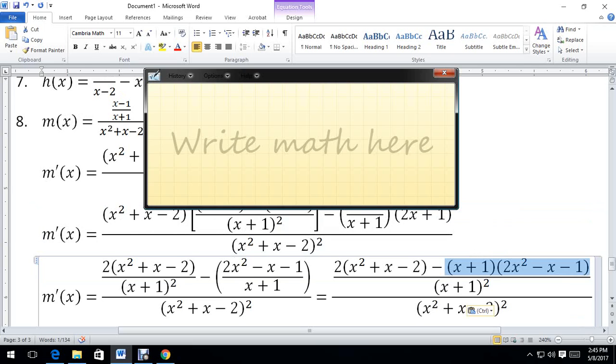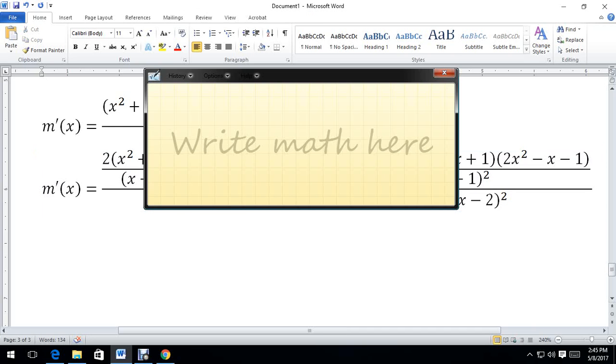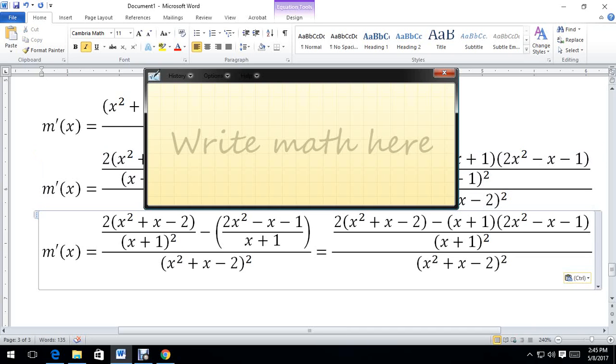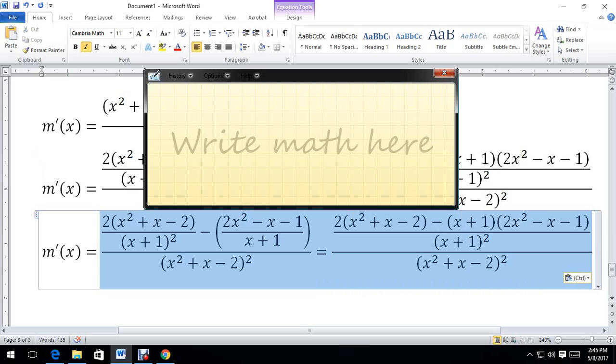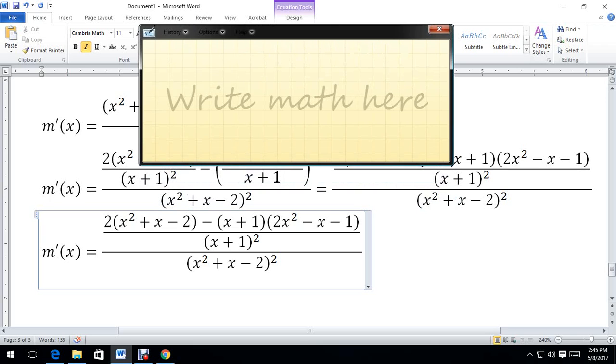So doing that, what happens now to our solution is, first, you just simply need to distribute 2 with the rest of the terms here.